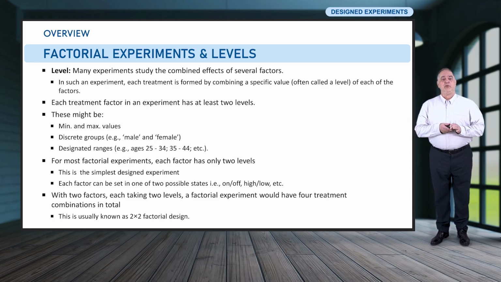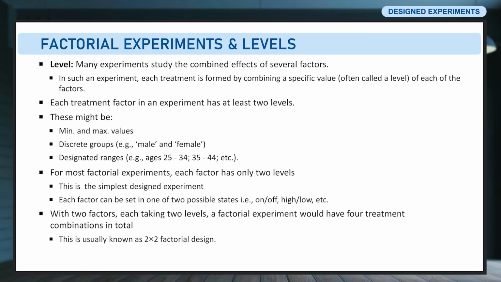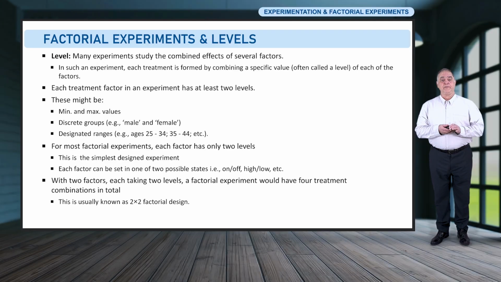So when we refer to level, many experiments study the combined effects of several factors. In such an experiment, each treatment is formed by combining a specific value, often called a level, of each of the factors.